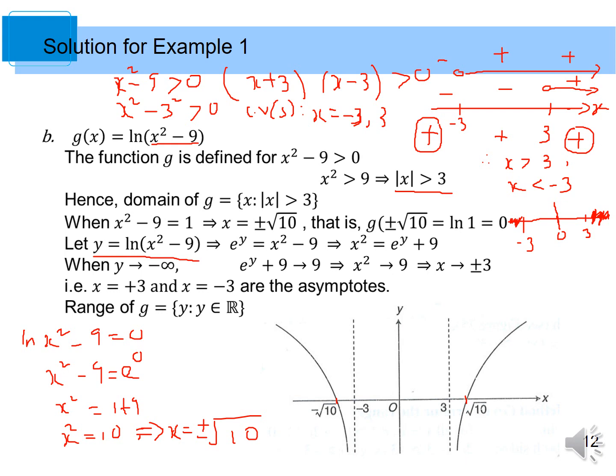And to eliminate this natural log function, we use inverse function. So we put exponential function at both sides. So left side we will have exponent y, and right side no more natural log function. We have x squared minus 9. And we solve for x equation.